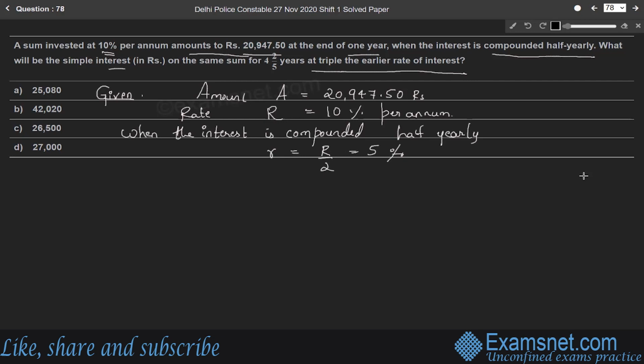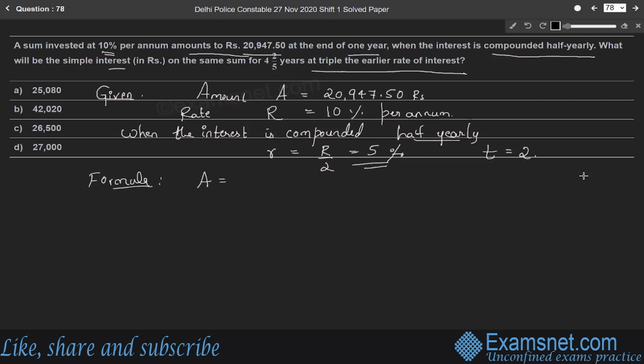This 10% is per annum. When interest is compounded half yearly, the time period becomes 2. So for the first half year it is 5%, and for the second half year it is 5%. So the period becomes 2. Therefore, the formula.